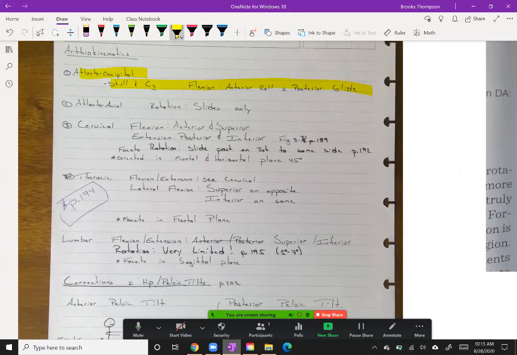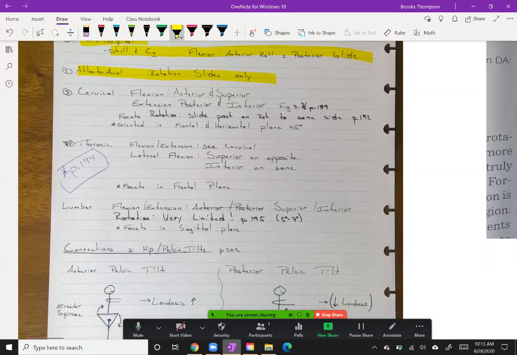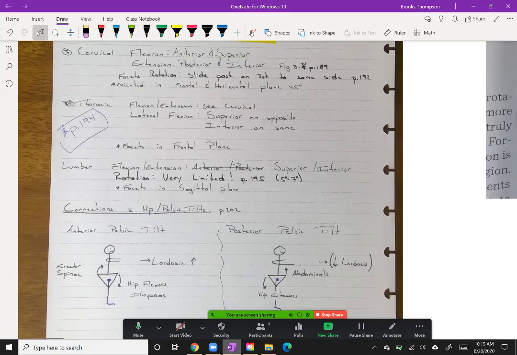When you flex, you're going to have an anterior roll, posterior glide. Extension, posterior roll, anterior glide. There you go. And the atlanto-axial is rotation only. That's C1 rotating around the dens of C2. So you've got some arthrokinematic stuff you can pause and take a look at.